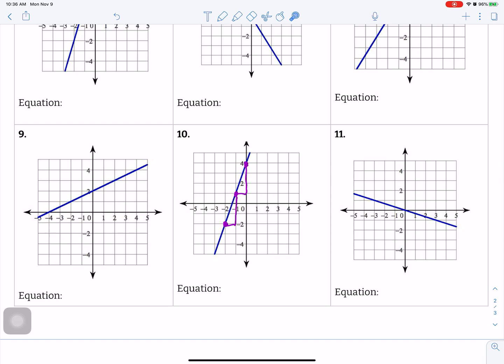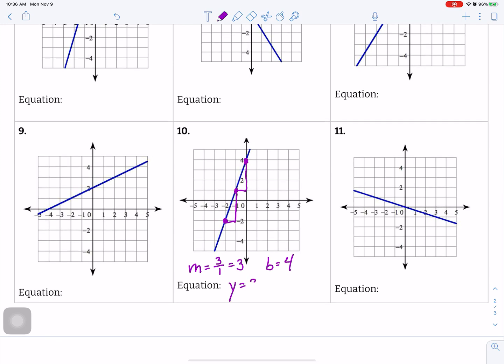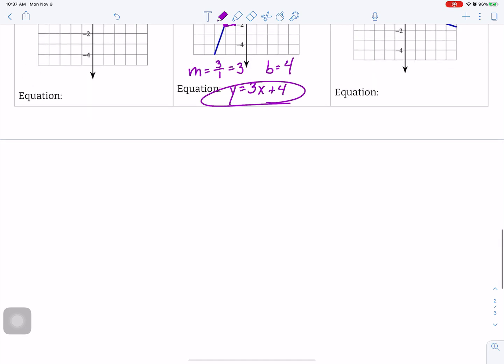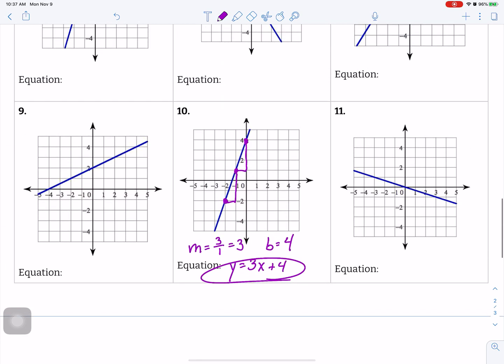So when I'm writing out my slope, my m is going to equal 3 over 1, which is also equal to 3. My y-intercept equals 4 because that's where it crosses the y-axis here. So y equals 3x plus 4. You're just going to try the rest of them and check it with the answer key.